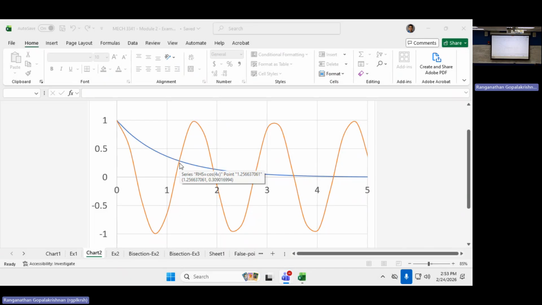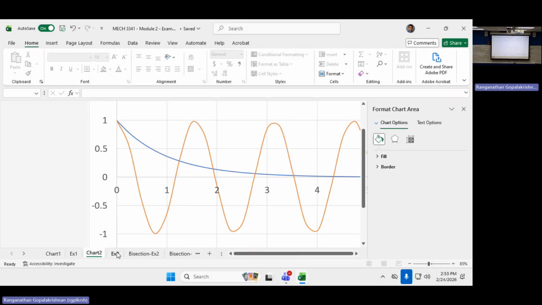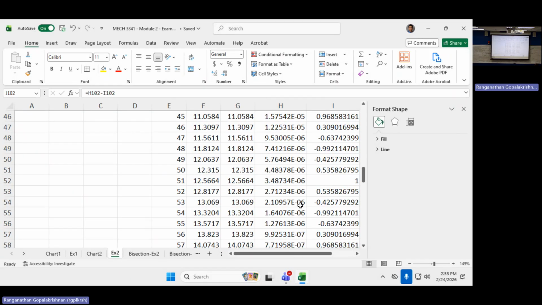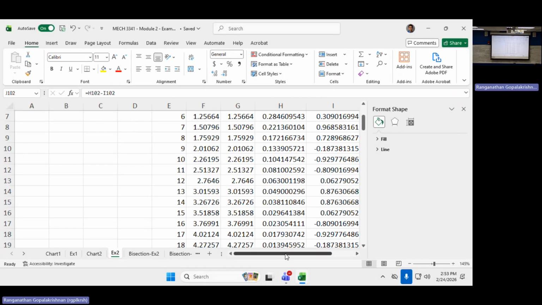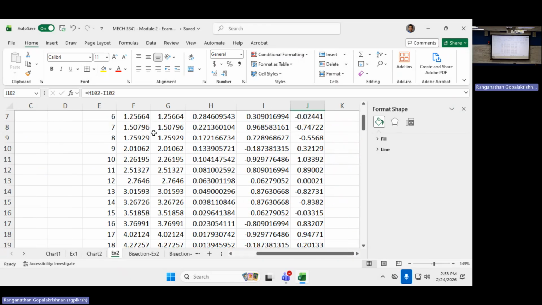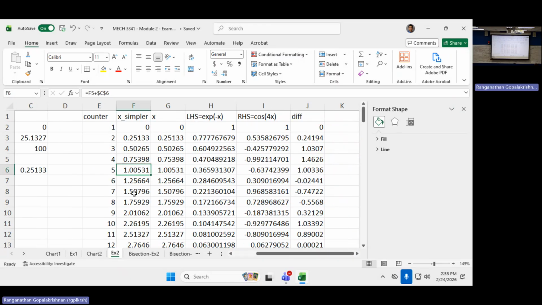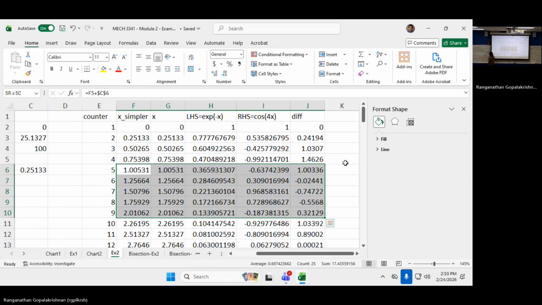You all agree? Yeah. So let's go back to the table, and we are going to do a search between around 1 to 2. I'm going to highlight this. I'm going to check for a point where my difference is the least. Which entry would that be?